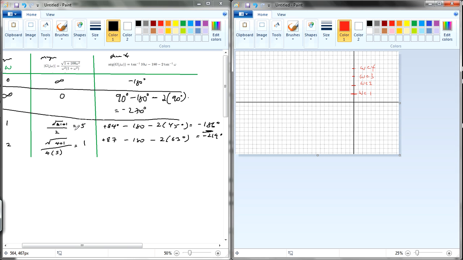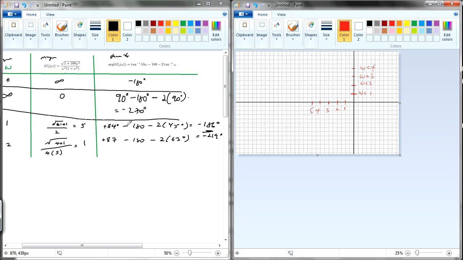at frequency equals 1, the magnitude is 5. So maybe this is 1, this is 2, this is 3, this is 4, and this is 5. Okay, so 2 grids each.